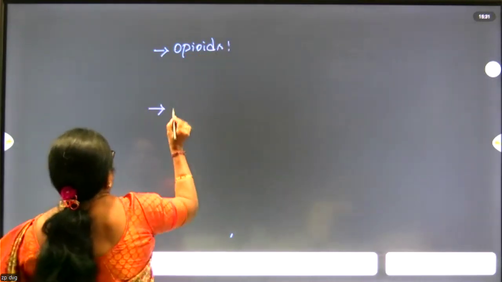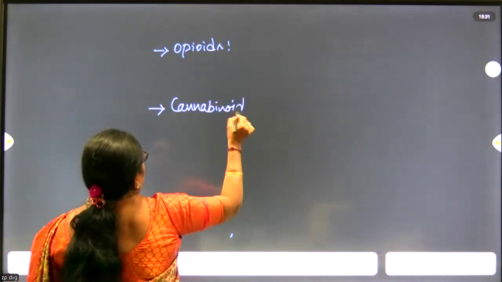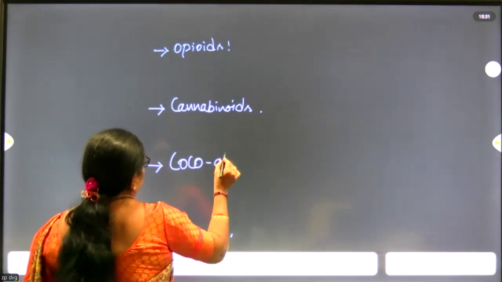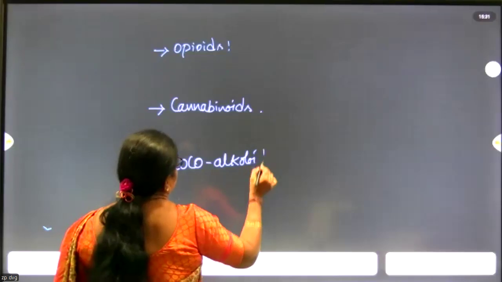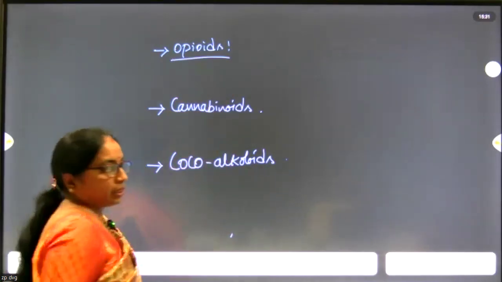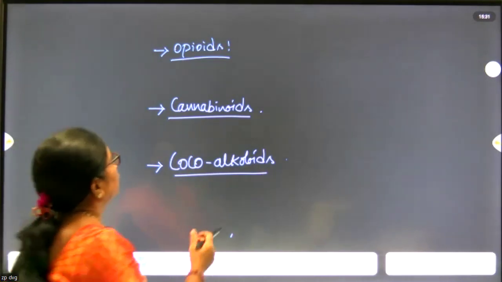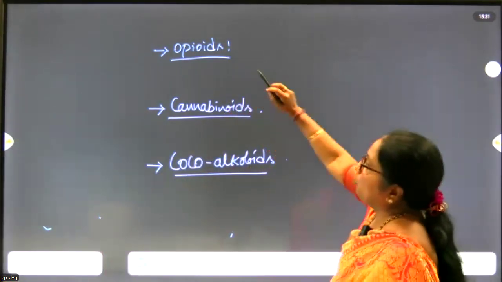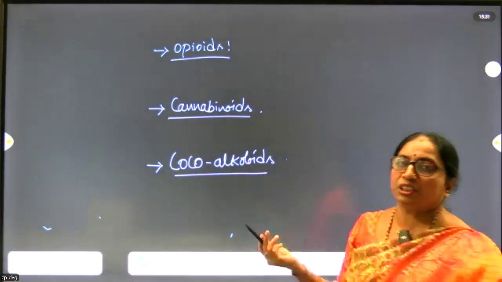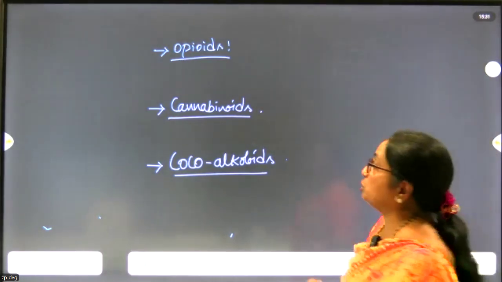The second is cannabinoids. And finally, cocoa alkaloids. So, opioids. Our CNS and the GI tract have certain receptors to which the opioids can bind. So opioids bind to the receptors present in the CNS and also in the GI tract and bring certain effects on the body.